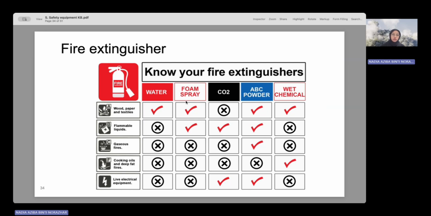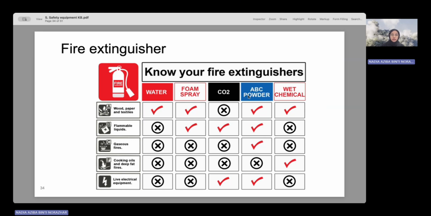Foam spray can be used on wood, paper, and textile, and also flammable liquids, but cannot be used for the 3 other categories. Carbon dioxide can be used for flammable liquids and live electrical equipment only.